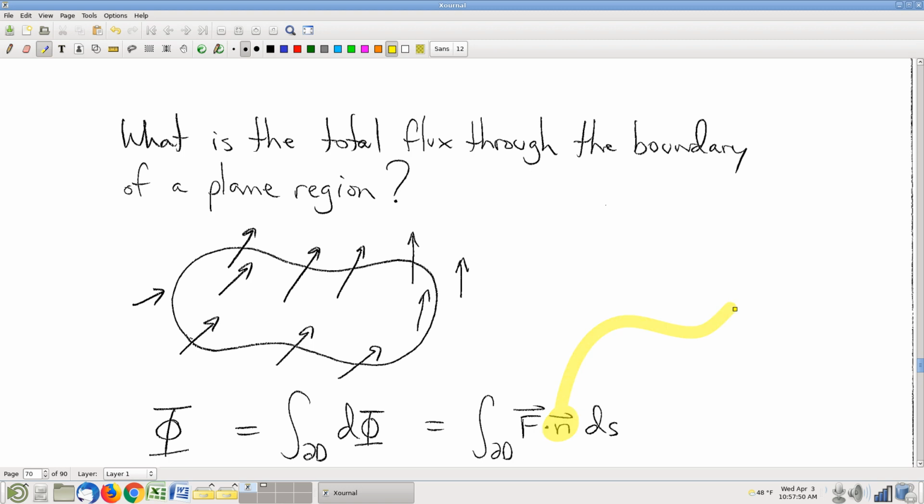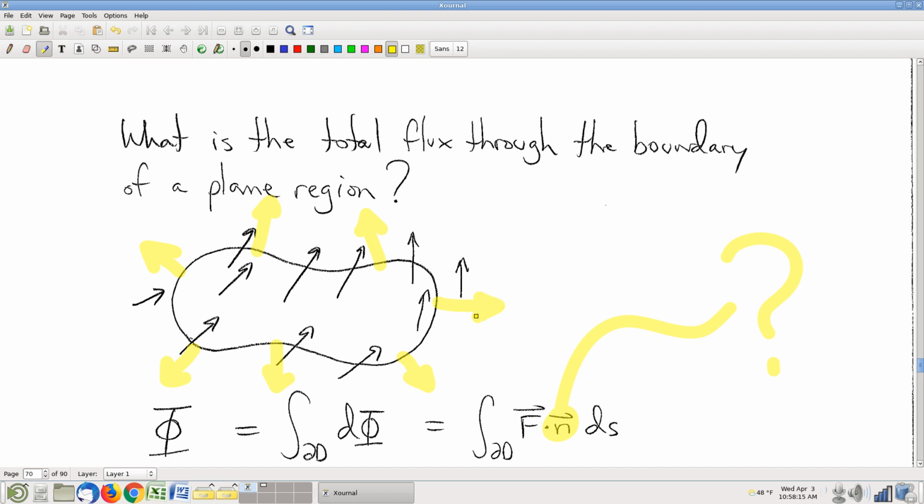If that were T, then we know how to compute that. That becomes a regular old line integral if that were T, but it isn't. Very importantly, that's n, this normal vector facing out of the region, like that.